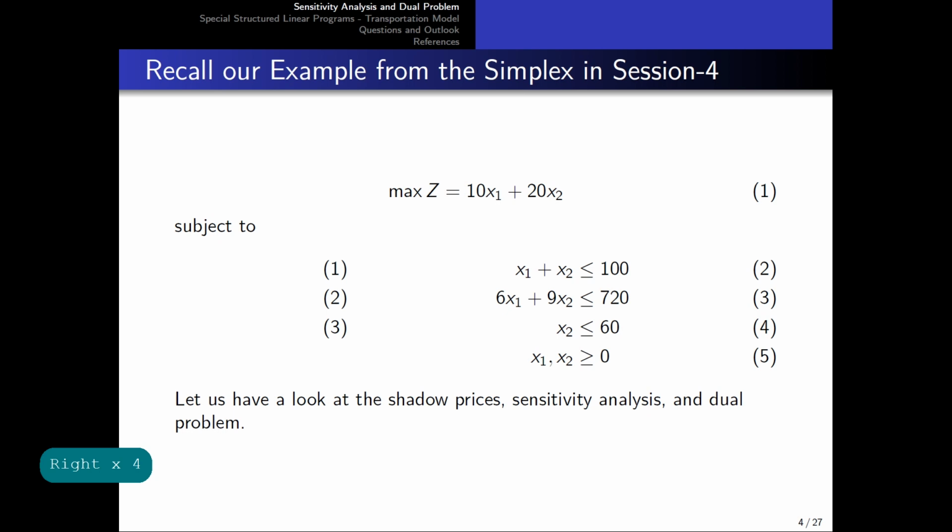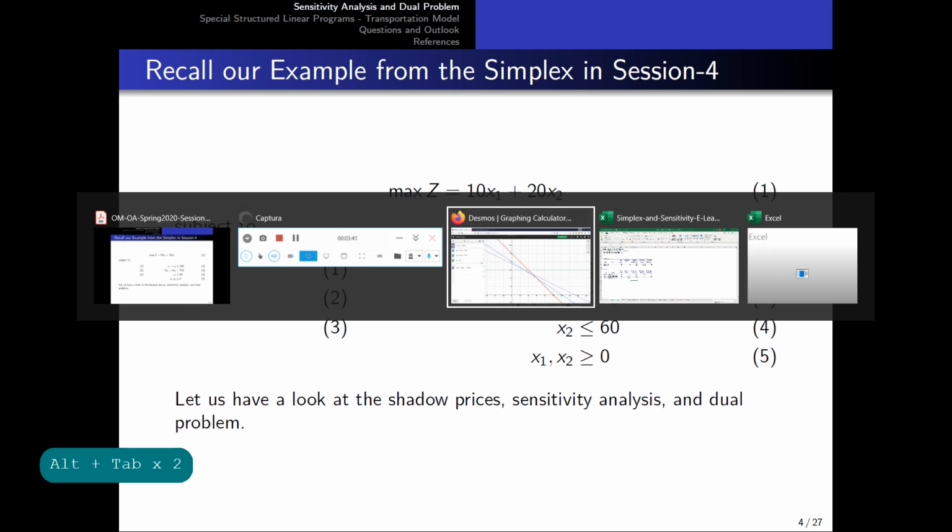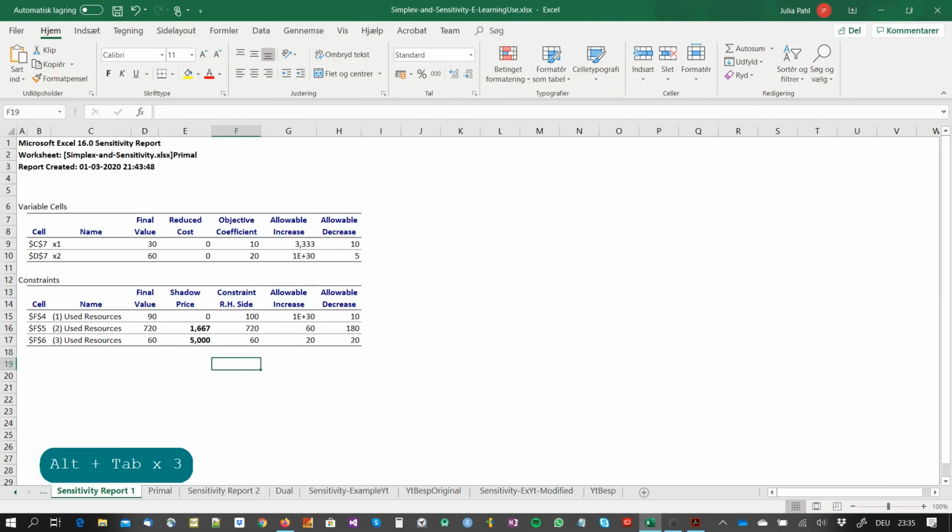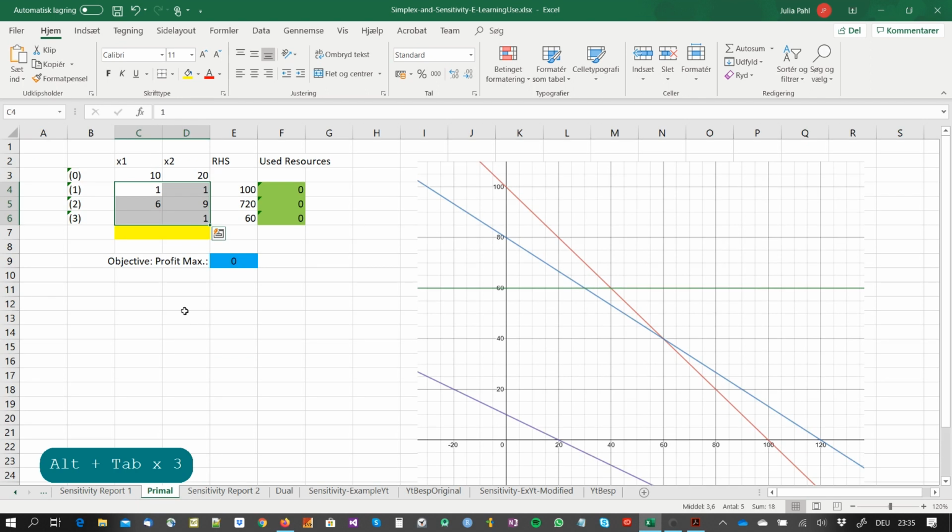Let's take a simple example that we have dealt with already when we were doing the simplex algorithm, and let's have a look at the shadow prices and also the sensitivity analysis, and also the dual version of the problem. For that purpose, we go to Excel, and here I have already stated the mathematical problem to you.